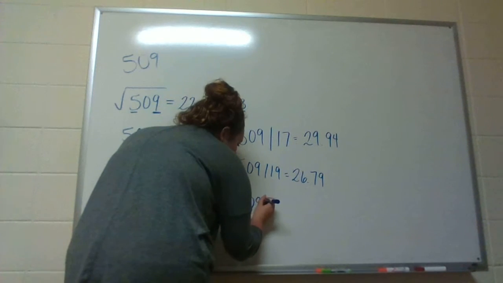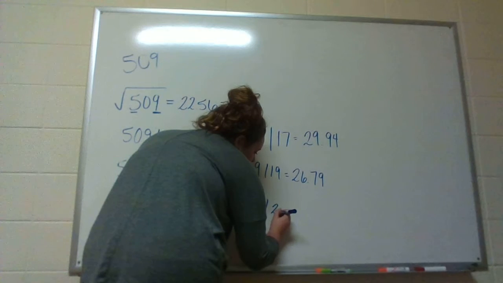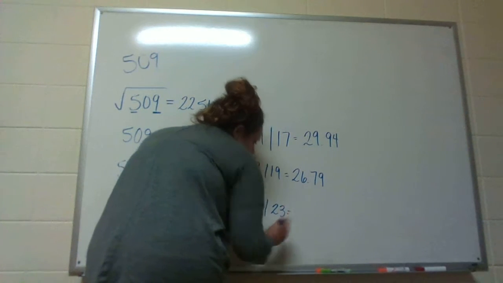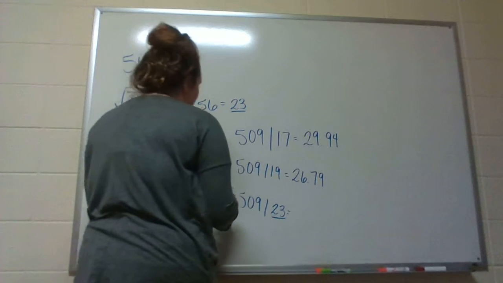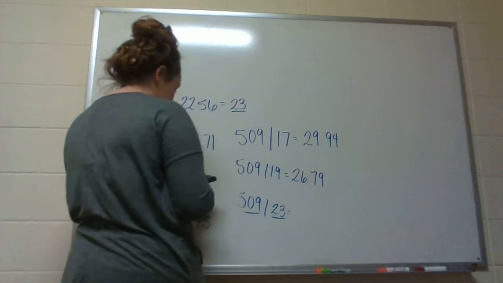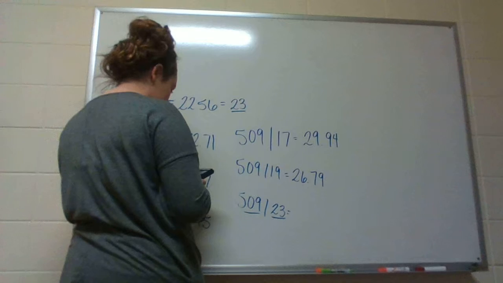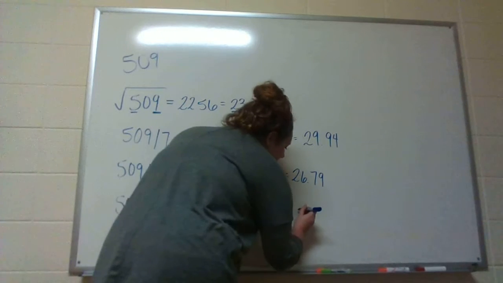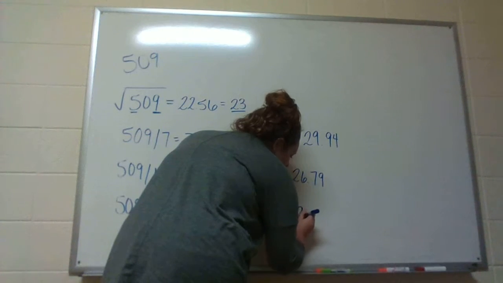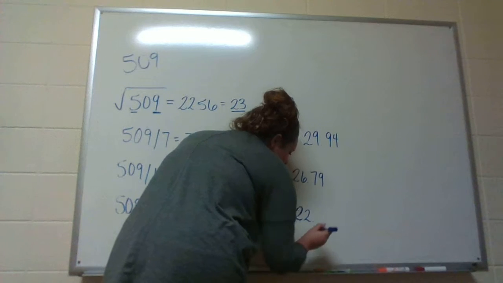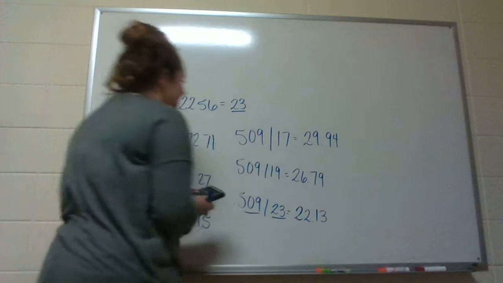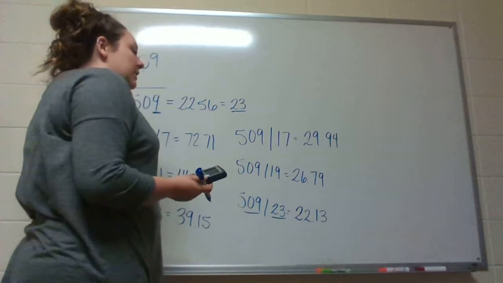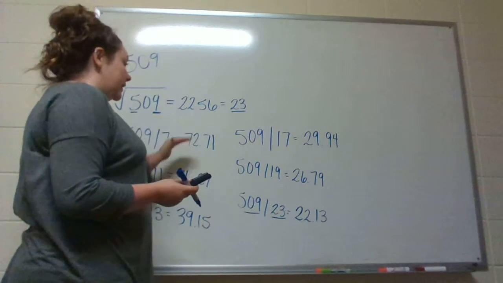And lastly, we will do 509 divided by 23, which 23 is the square root of 509, and we get 22.13. And as we can see through all of this division, none of our answers have come out to be whole numbers or 1.